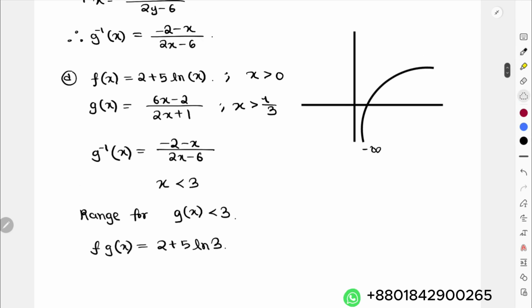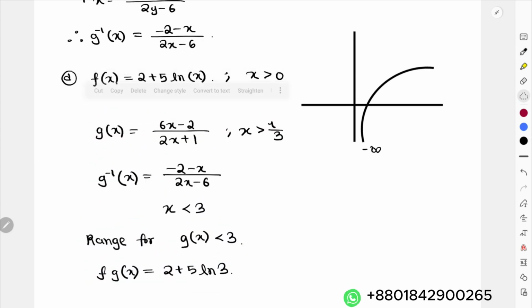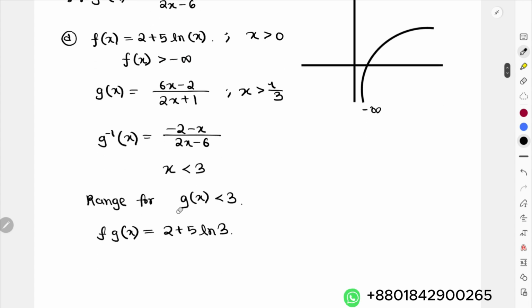From this part, I should have written this down, that we understand that when your x is equal to 0, your value for f(x) will always continue towards the negative y-axis. So you'll always have a value minus infinity. So you get f(x) greater than minus infinity and your g(x) less than 3. So insert that into the equation.